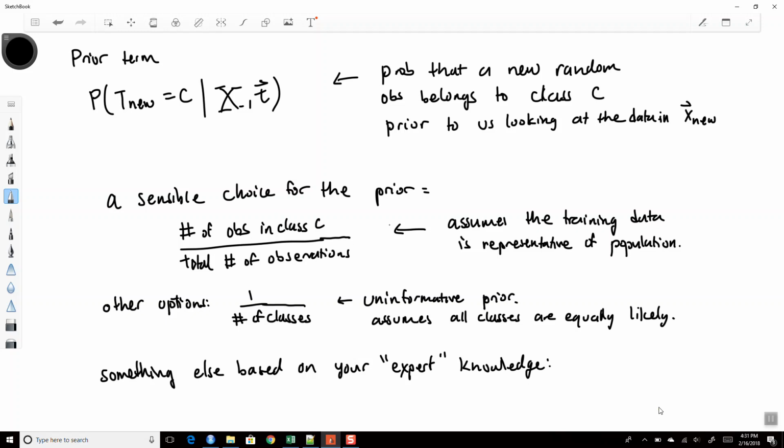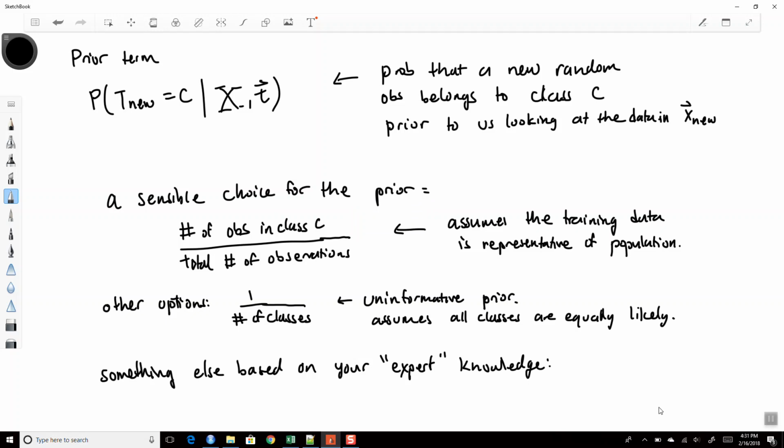So you might say, based on past data or whatever, I'm inclined to believe that, I don't know, 30% of UCLA students, whatever, something, okay? So that's all, right?